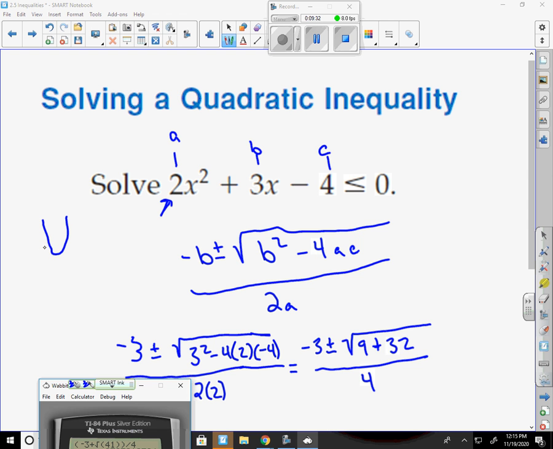If our quadratic is facing up, then it's going to be on the inside, where it's less than 0. If this was a negative, it's going to be facing down, and less than 0 is going to be on the outside. It'll be all this area over here.